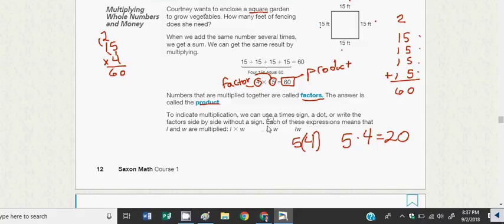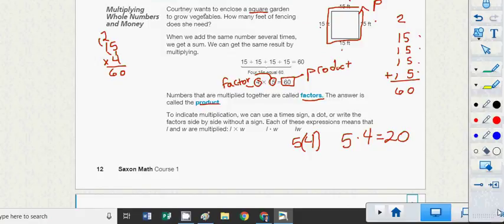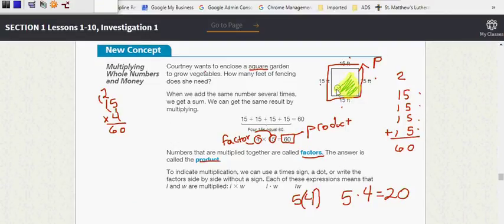So they're showing that length times width means something. It's not what we did here. What was this measurement where we did fencing all the way around? We just found perimeter. But if we did length times width, or 15 times 15, well, then we're finding what's inside here.